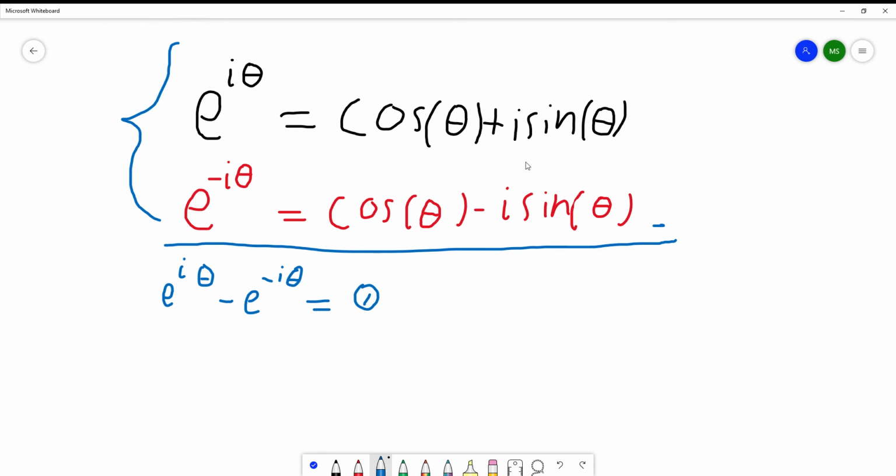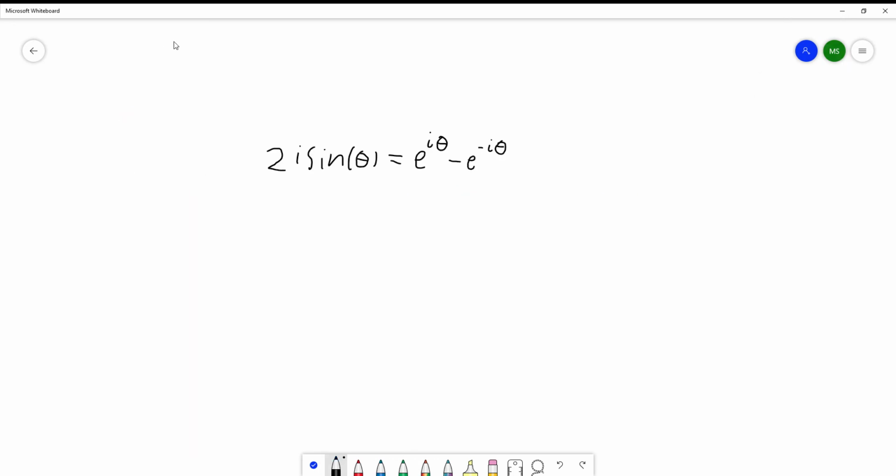And here we subtract negative sine from positive sine, with the i, so that will just be 2i sine of theta. Now pretty easily we can divide by 2i, and we get that sine of theta is equal to e to the i theta minus e to the negative i theta divided by 2i.